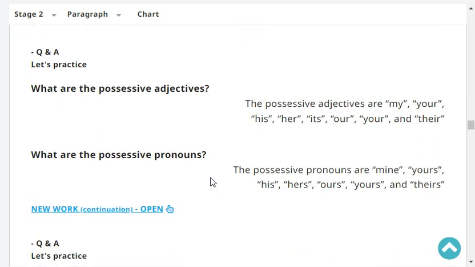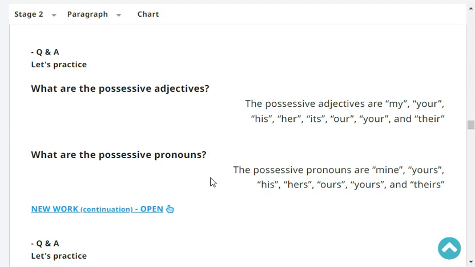What are the possessive adjectives? The possessive adjectives are my, your, his, her, its, our, your, their. Very good. What are the possessive pronouns?